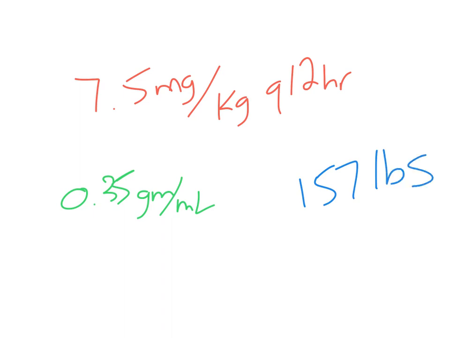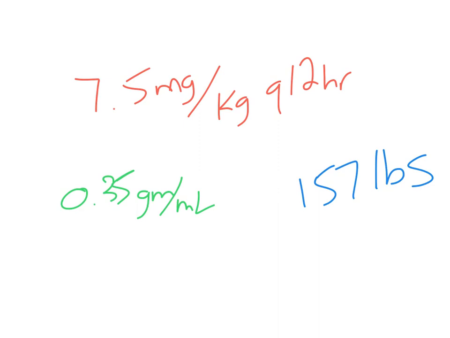Okay, so here's what's being asked. It says that we have 7.5 milligrams per kilogram that's needed to be ordered here. And I want to know how many milliliters, though, would you give per dosage. Here's what's kind of tricky about this, is it says 7.5 milligrams per kilogram every 12 hours.